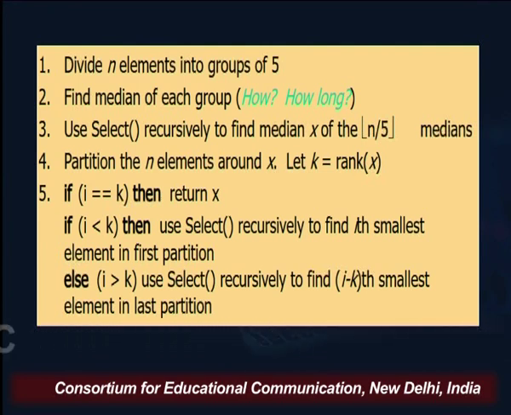If i is less than k, then we use select recursively to find the ith smallest element in the first partition, or else we use select recursively to find the appropriate element in the last partition. Let us see this with the help of a figure.